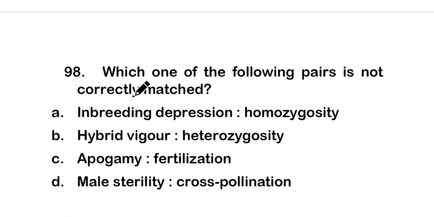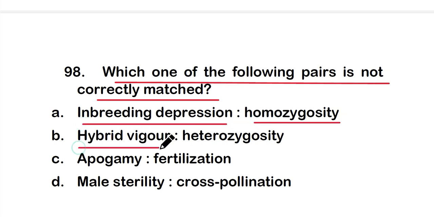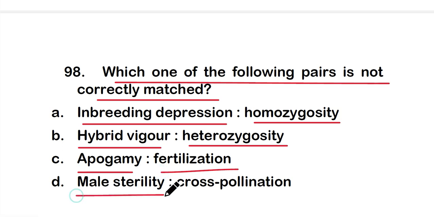Okay. Next one is question number 98, that is which one of the following pairs is not correctly matched? And the options are option A, inbreeding depression is matched with homozygosity, option B, hybrid vigor is matched with heterozygosity, option C, apogamy is matched with fertilization, and option D, male sterility is matched with cross pollination.